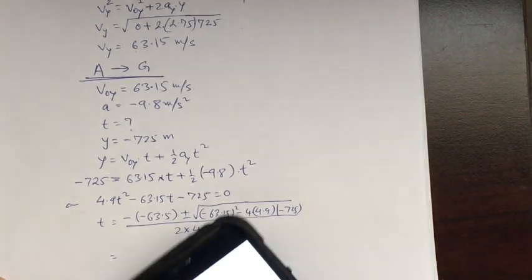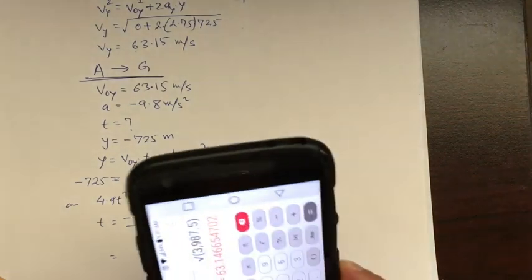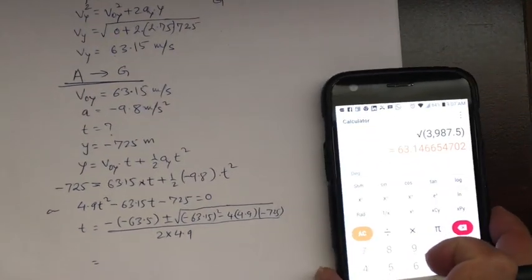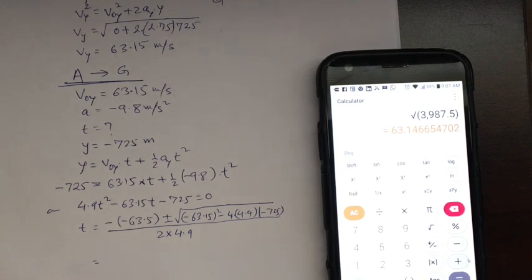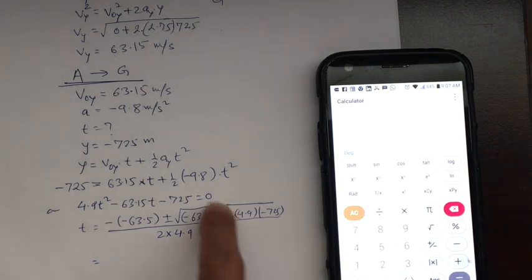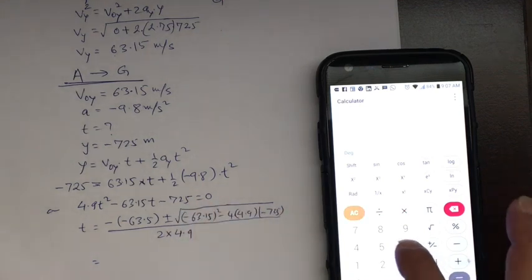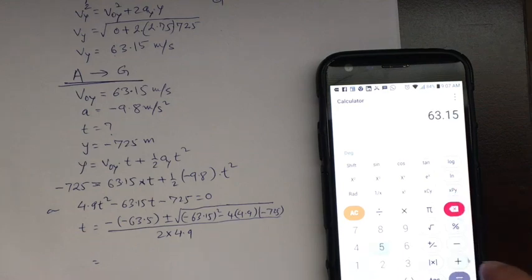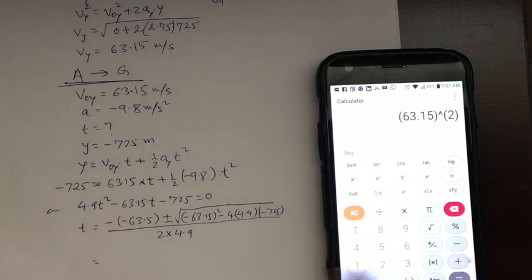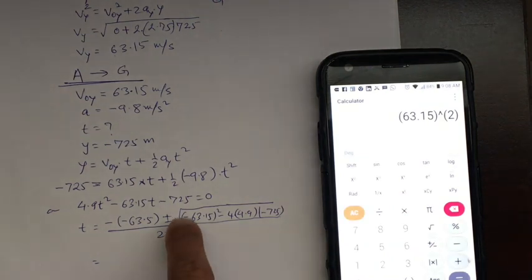If you simplify this, let me start from this, which is 63.15 squared. Minus and minus will make plus. By the way, the squared term will be positive, so I'm not worried about that negative sign.